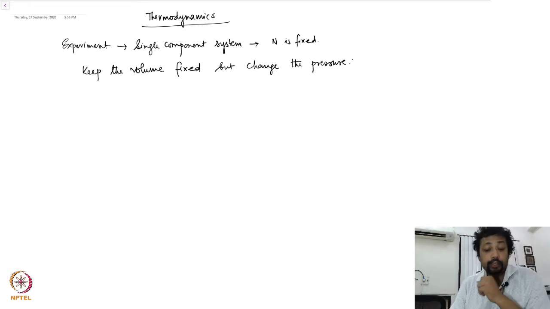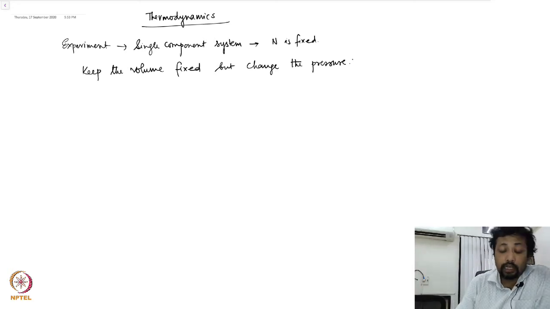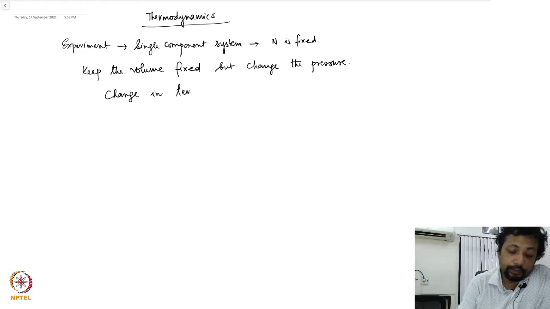And you want to find out how much change in the temperature there can be. So what I'm required to find out is the change in temperature. All of these quantities are experimentally measurable, which means accessible experimentally. So I want to find out dT.